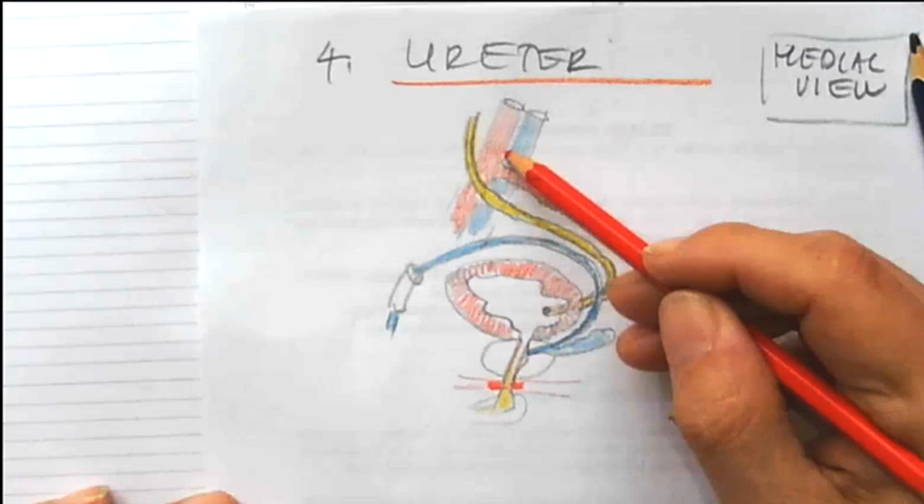So what else? The ureter descends dorsally, dorsocaudally, crossing the external iliac vessels, and then crossing the obturator nerve and artery, crossing the inferior vesical artery, and crossing also the deferent duct.